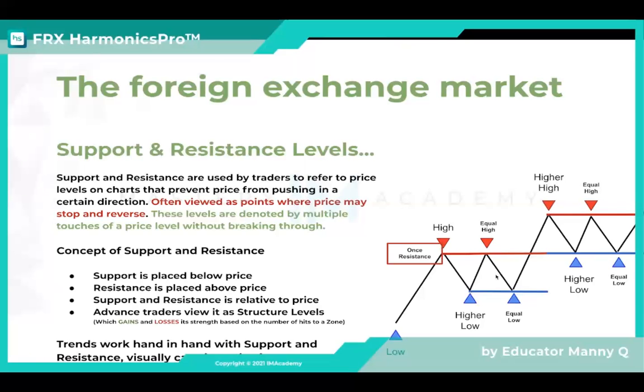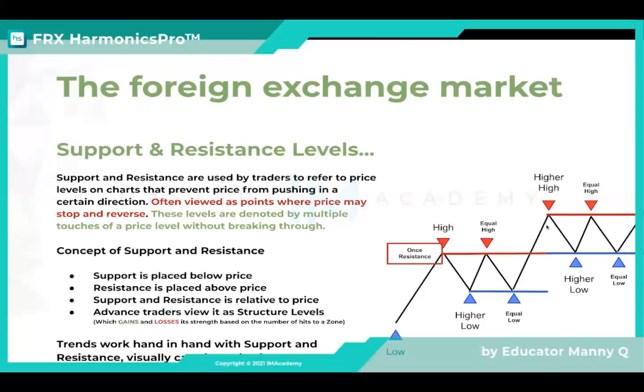Now, price will not stay in this zone forever. Eventually, price is going to break through the resistance, creating new highs. By the market creating that new high, this previous level of resistance now becomes the new level of acting support. So you see, once resistance is now support, the only thing that has changed is where price is.